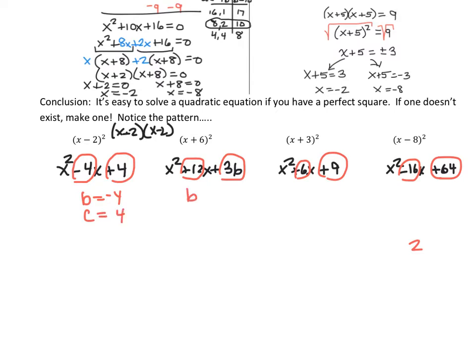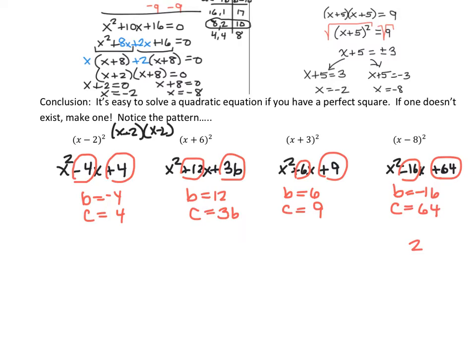In this case, b was 12, and c turned out to be 36. b is 6, c turned out to be 9, b was negative 16, and c turned out to be positive 64.